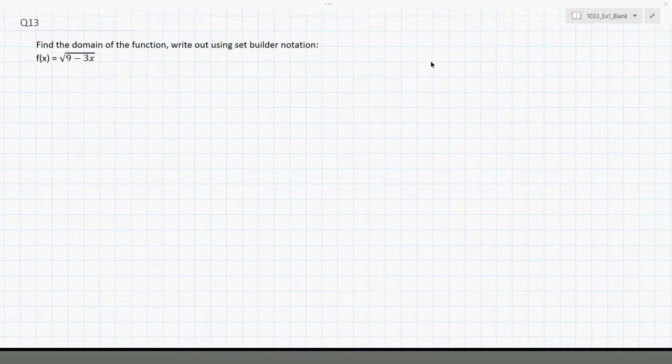Question 13. We're going to find the domain of the function using set builder notation. Now this one we do have to work out because there is a square root function in here.